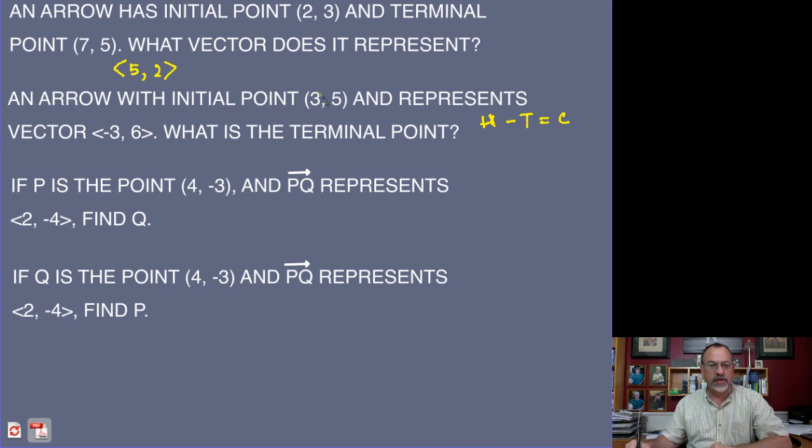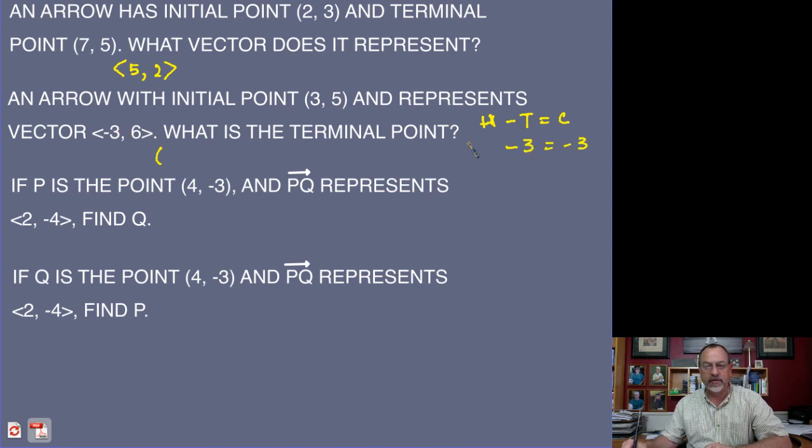I'm given the initial point, and remember, that's the tail, where it begins. I want to know the terminal point, the head. So I'm going to substitute the values I'm given into this little equation and solve for the one I need to know. The initial point of A is 3, so that's going to be 3.